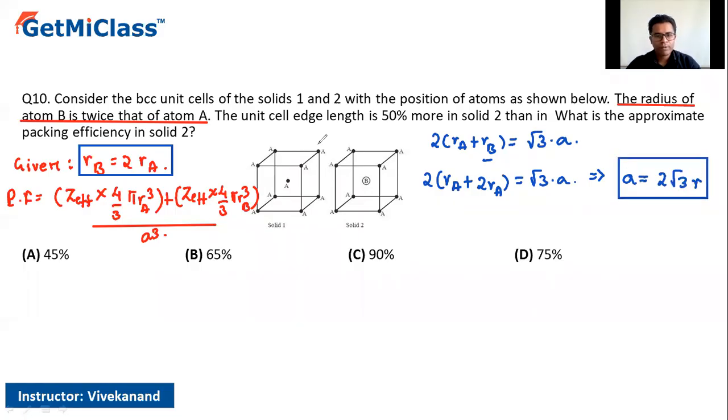Further, if we look at the packing fraction, Z effective for the first one, that is for A, is going to be 1.